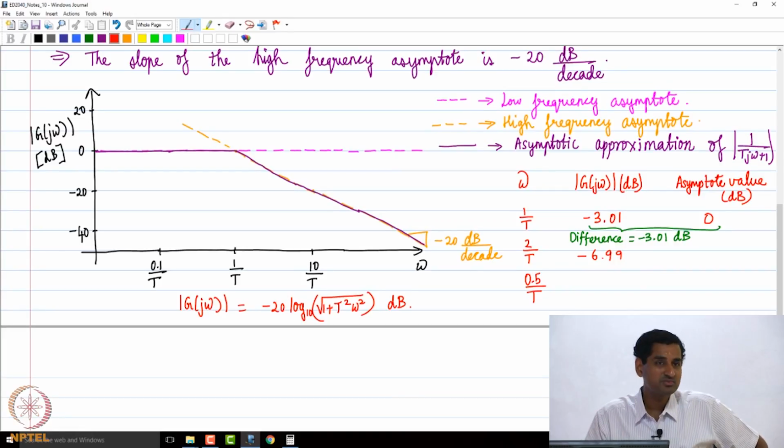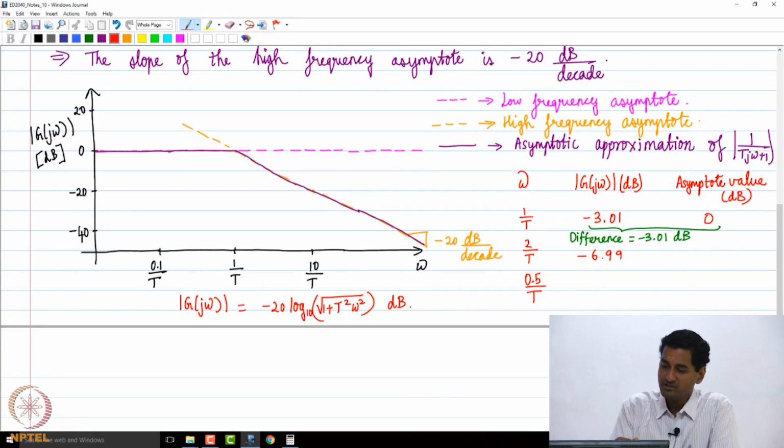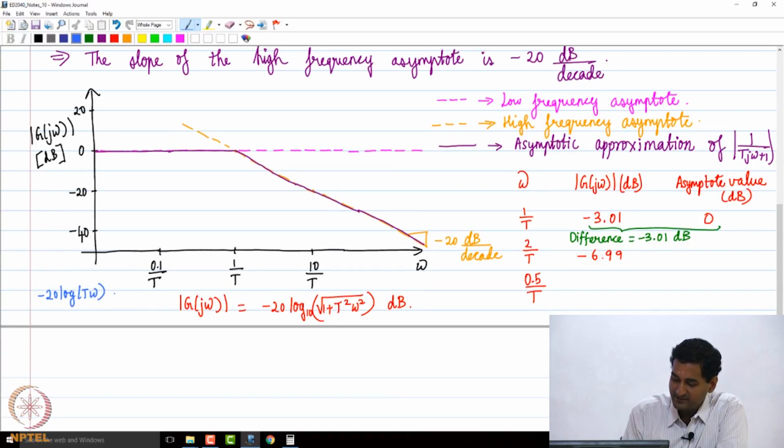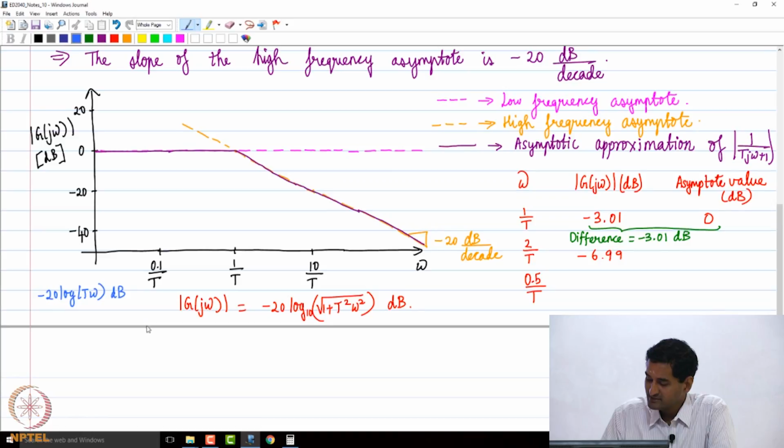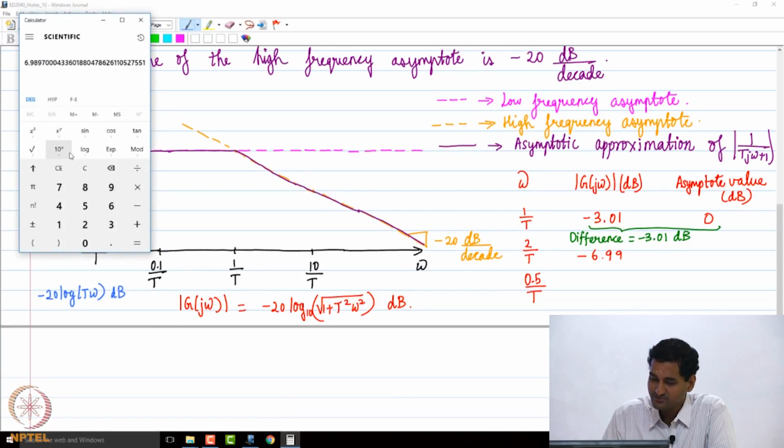You are going to get minus 20 log 2, right? Because please recall, the high frequency asymptote is minus 20 log T omega in decibels. So when you substitute omega equals 2 by capital T, you get minus 20 log 2. So what is minus 20 log 2? Let's quickly calculate that.